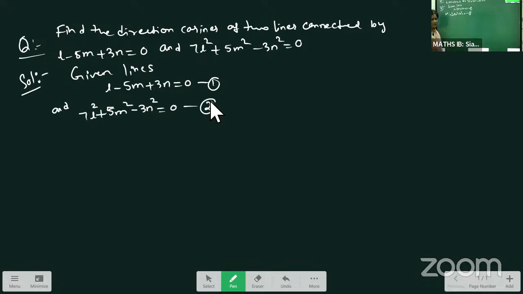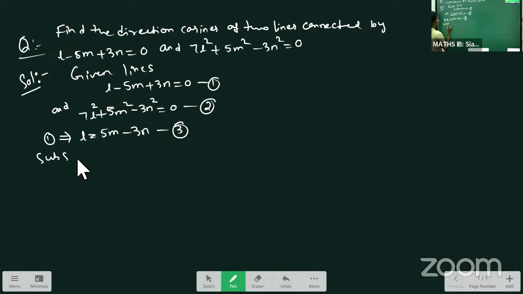By taking the first equation, simplify and find the l value. Equation 1 implies we get l is equal to 5m minus 3n, take it as equation 3. Now substitute equation 3 in equation 2.